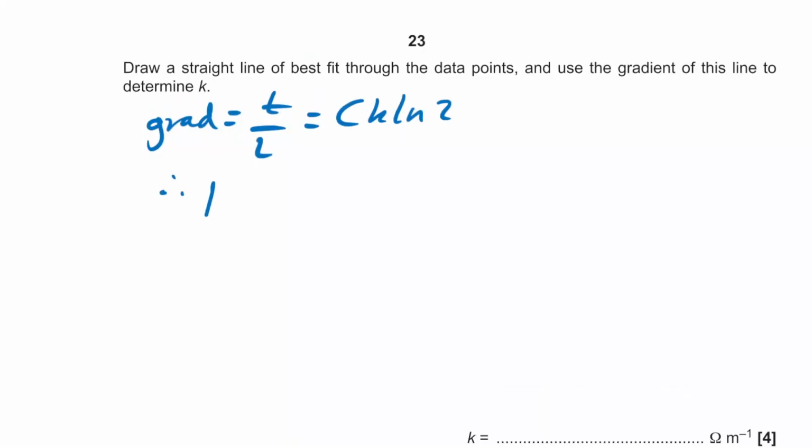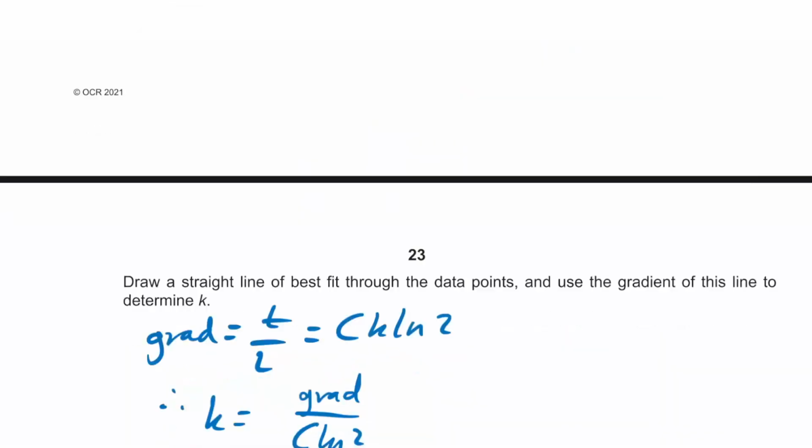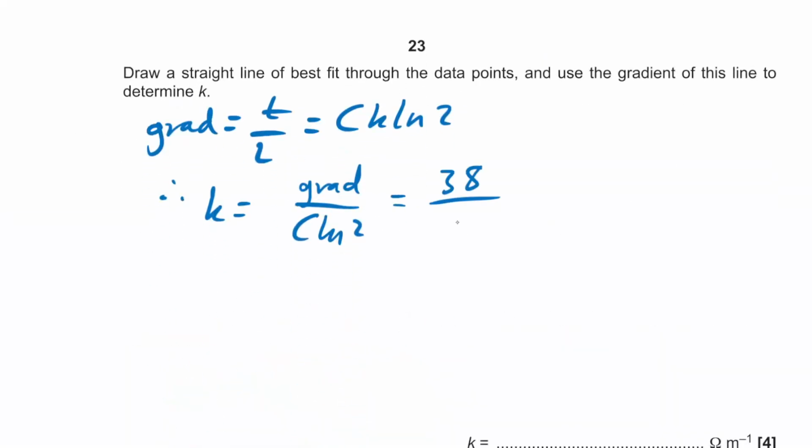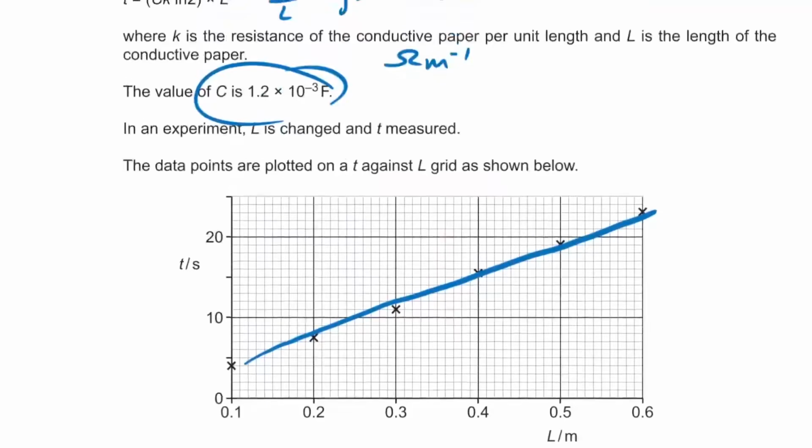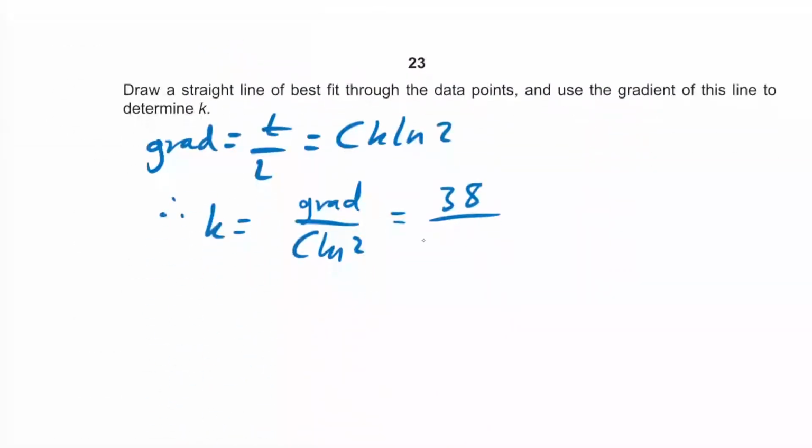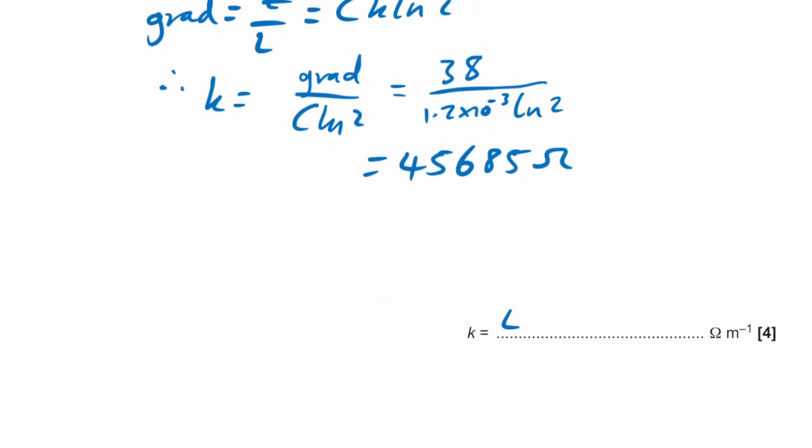Therefore, K is equal to gradient over C log 2. You should find the gradient to be something like 38, divided by the capacitance, which was 1.2 times 10 to the minus 3, times log 2. And we end up with 45,685. So let's do that to 2 sig figs, so 4.6 times 10 to the 4 ohms per meter.